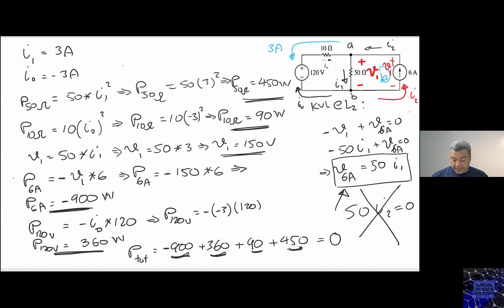So back to your question. What's your question, Matthias? So when power is being absorbed, it's considered positive, but when it's being let out by, let's say, an active source, it's negative. That's correct. We always look at the orientation of the voltage and the current.